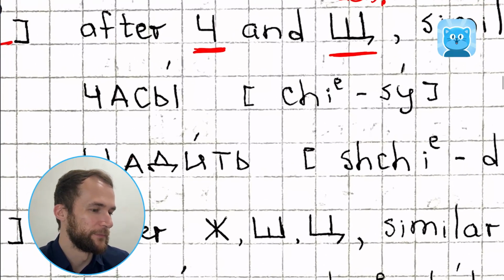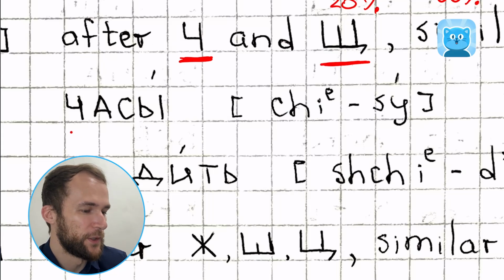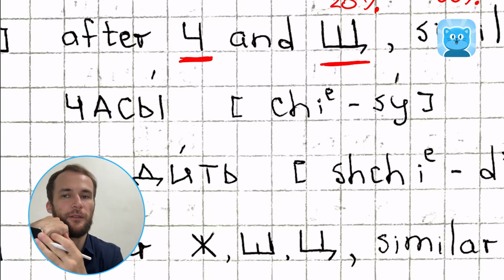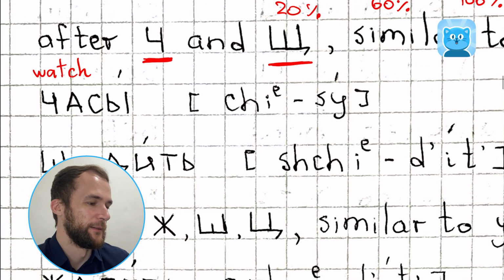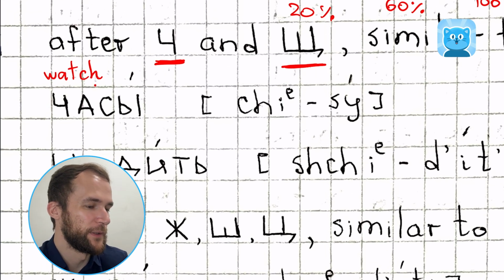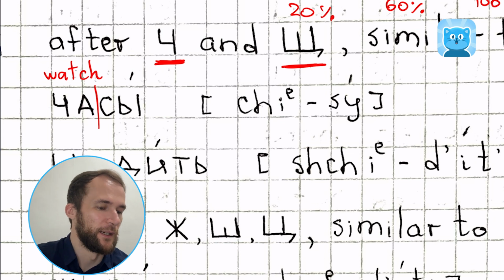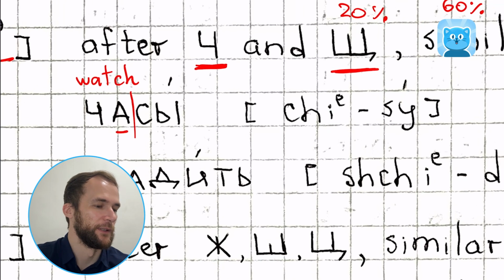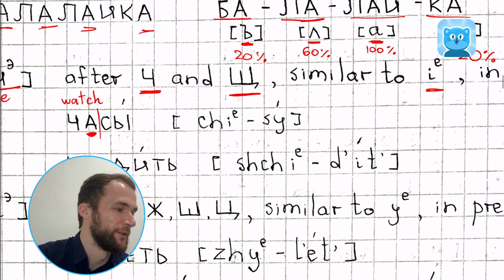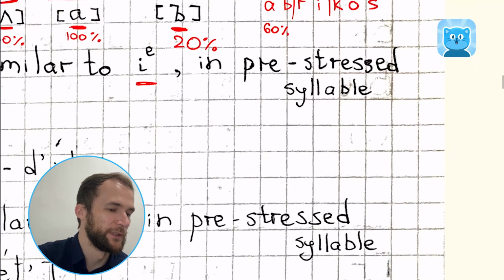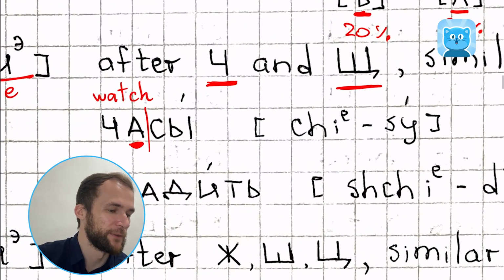So here, часы is watch, like a watch. Okay, часы. So we have two syllables here. You see, this is the stress, so this is the stressed syllable. And you see letter A is over here, in a pre-stressed syllable, before the stressed one.